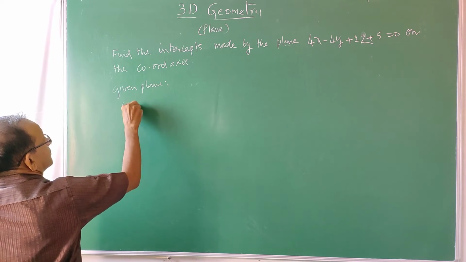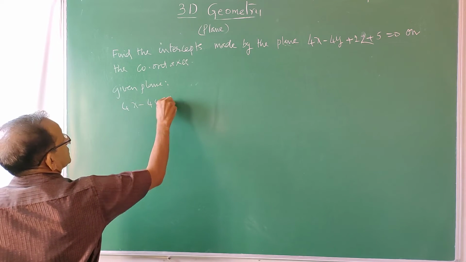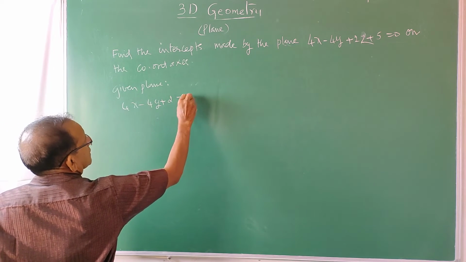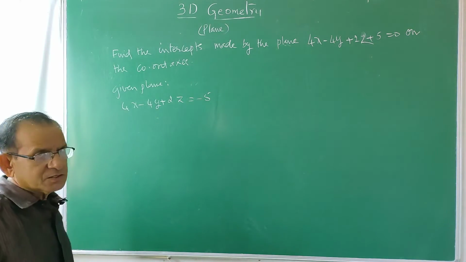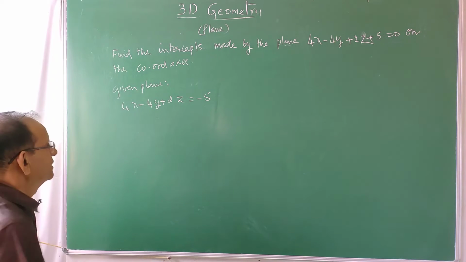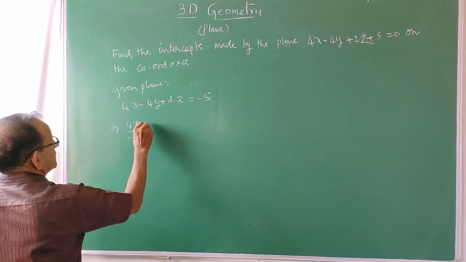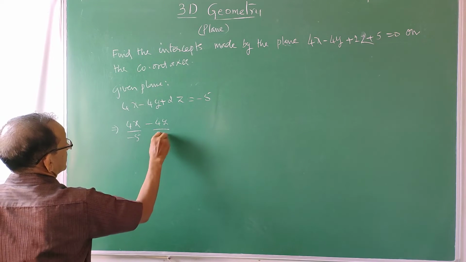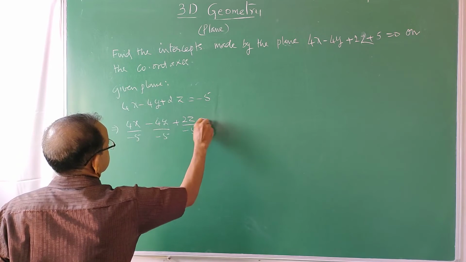4x minus 4y plus 2z is equal to minus 5. Bring minus 5 to the right side. Because we have to make plus 1 on the right side, divide both sides by minus 5. That implies 4x by minus 5 minus 4y by minus 5 plus 2z by minus 5 is equal to 1.